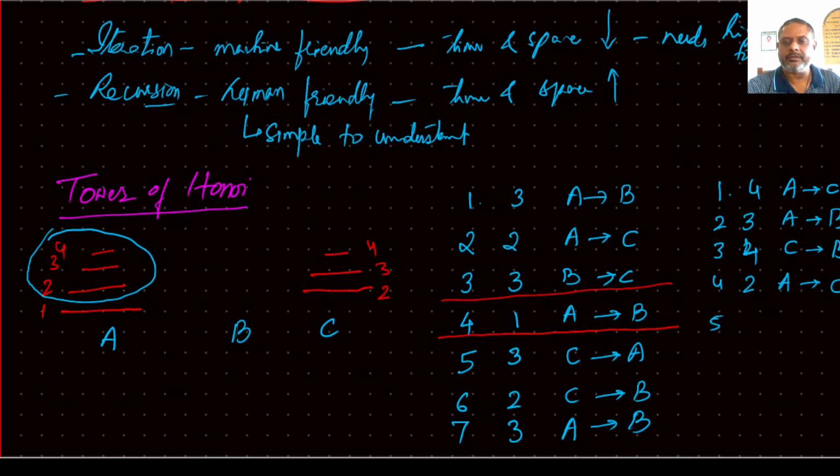The fifth step is fourth one is shifted from B to A, then third one is shifted from B to C, and finally seventh one is fourth one is shifted from A to C. In doing this, all 2, 3, 4 are shifted to C. Now this one part is over.